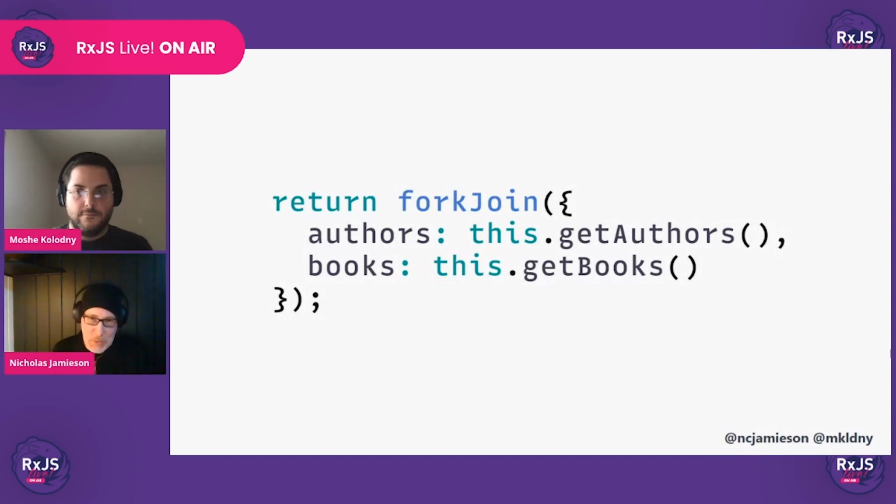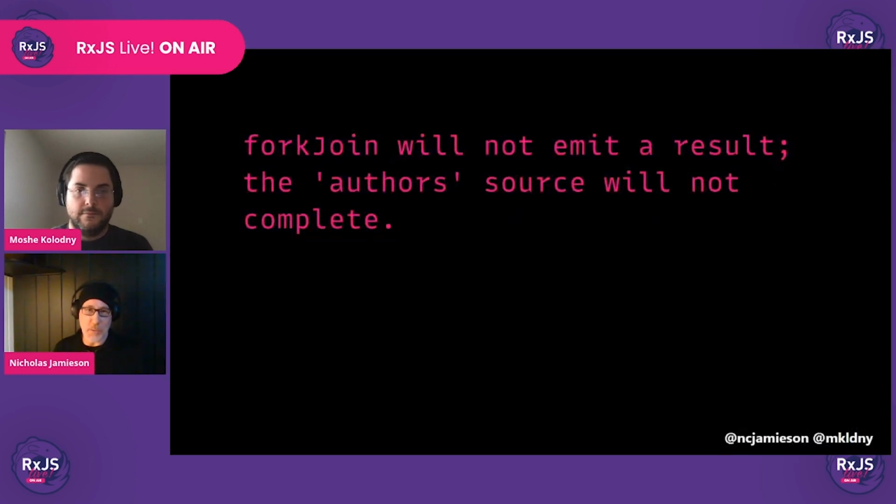With our proof of concept tooling here, we'll get a warning straight away because it'll say fork join won't emit a result because the author's source won't complete. If the type level programming is able to figure out that that source can't complete, our rule will be able to affect a warning straight away.